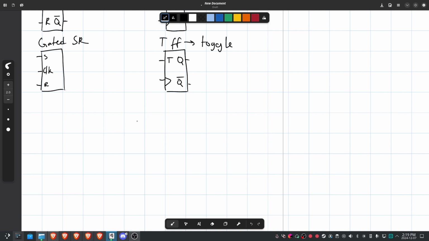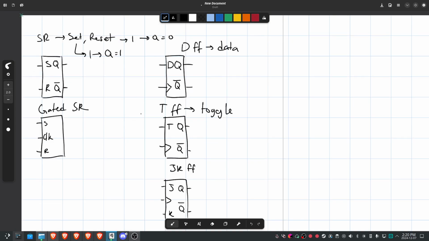The next one is the JK flip-flop. The JK is probably the hardest to remember because JK doesn't actually stand for anything. It stands for the inventor's name. His initials were JK. It is identical to a SR latch. However, first of all, it's edge triggered.